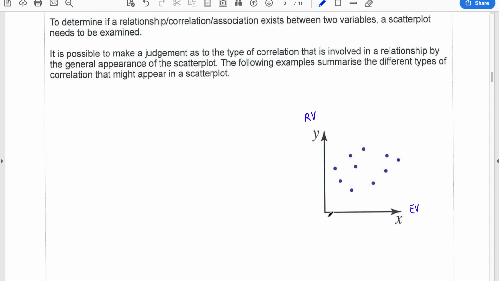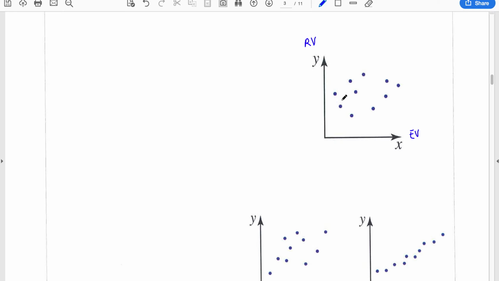So if we have a look at this first one as an example, you notice that we have a random scatter of dots. And when you see that, there doesn't seem to be any pattern. So I'll write on here, no clear pattern in the dots. What we're seeing there is no relationship, or no association is another word that we can use.